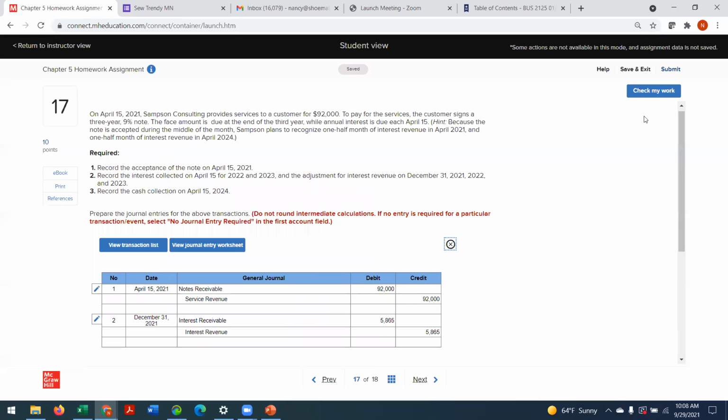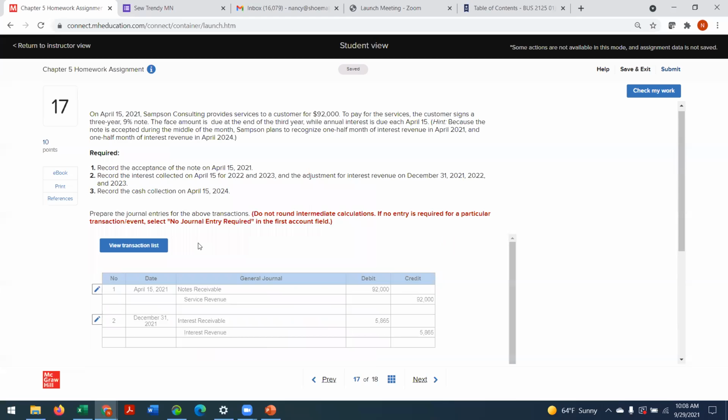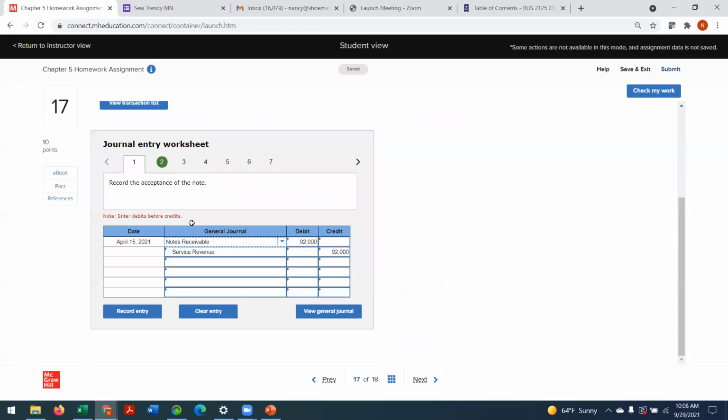Then, okay, our next thing would be to record the receipt of annual interest as of April 15th, 2022.